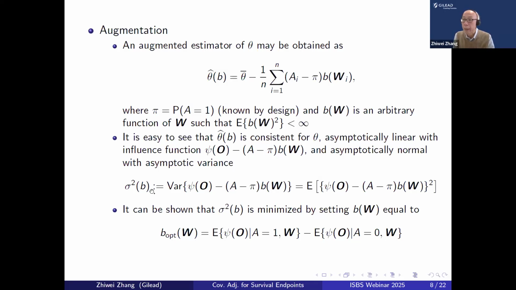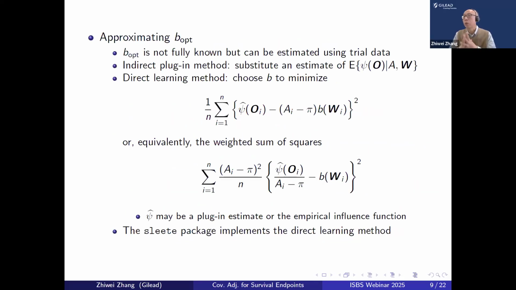What that means is that an augmented estimator based on this augmentation function would attain the minimum asymptotic variance among all augmented estimators. So to take advantage of this optimality result, we can try to estimate the optimal augmentation function from trial data, and then use the estimated augmentation function to construct an augmented estimator.